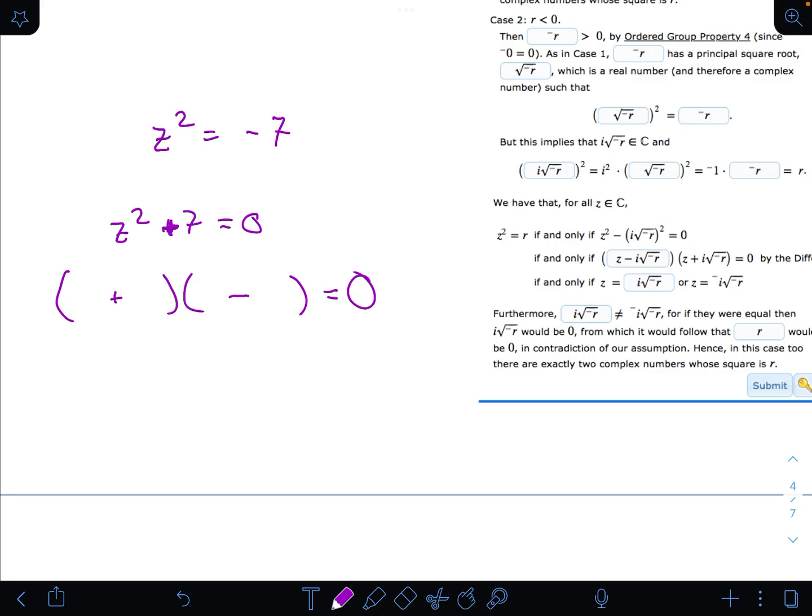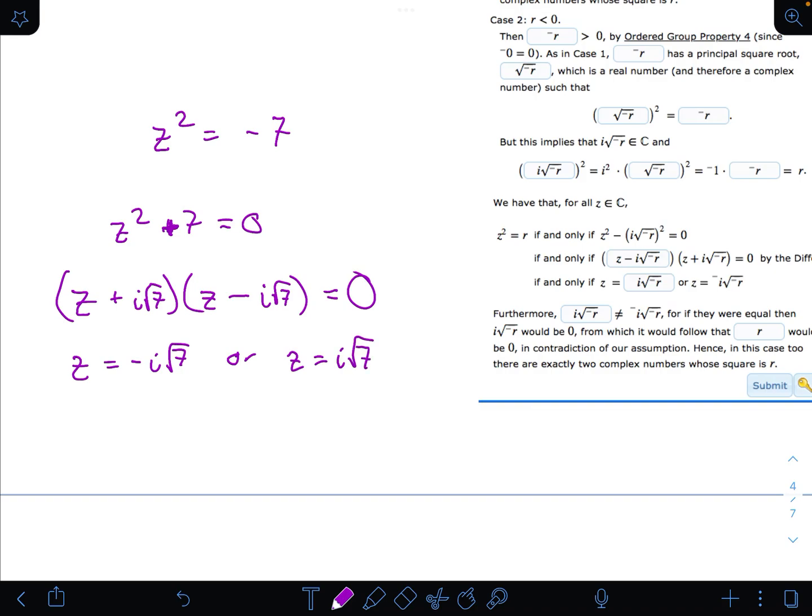But now you said, wait a minute, that's not a minus. But now that we have i available to us, I can write i root 7 on both of these. Pretty clever, huh? So z is going to be negative i root 7, or z is equal to positive i root 7.